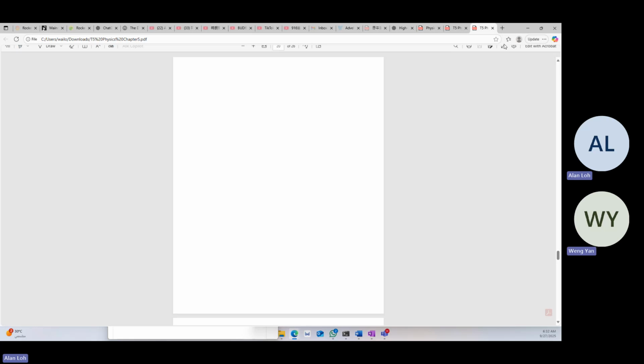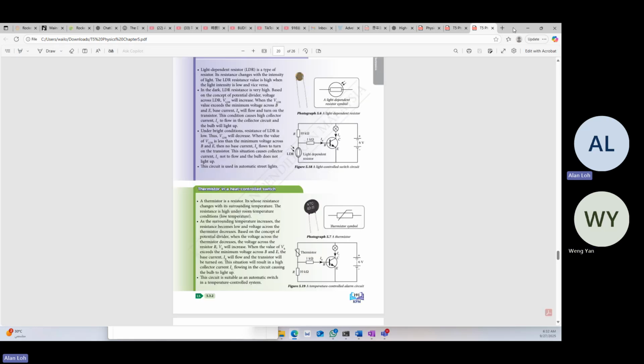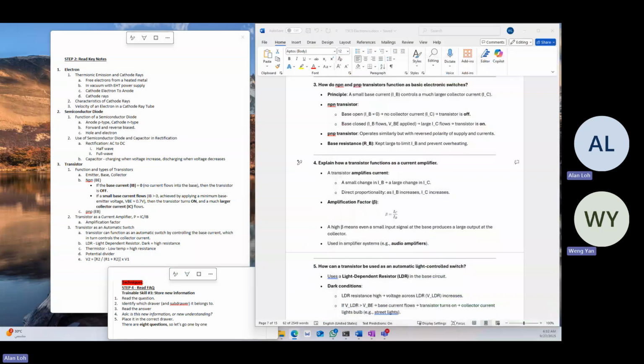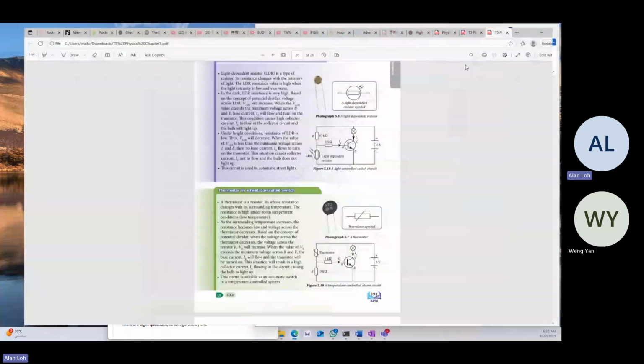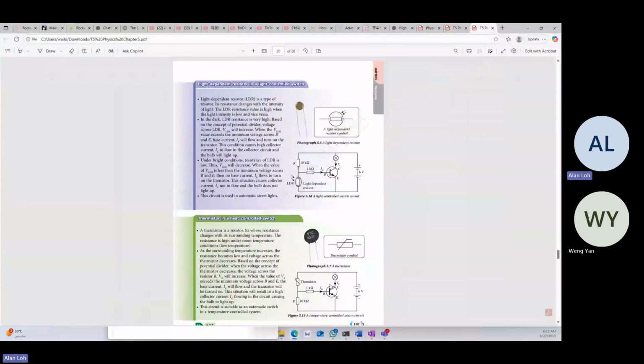I think this one I need to show you the diagrams. This is the LDR, this is the thermistor.